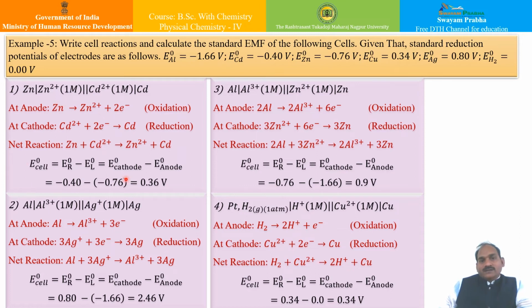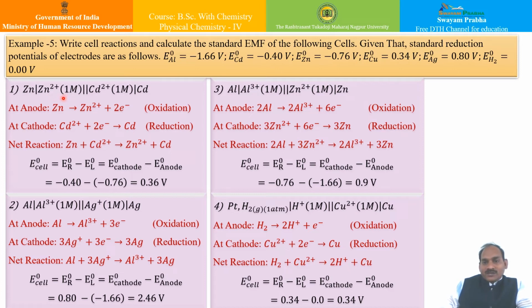So let us proceed with this solution. We first need to write down the cell reaction. Take the zinc cadmium cell. The first representation is zinc in contact with zinc ions of 1 molar, because it is a standard potential.